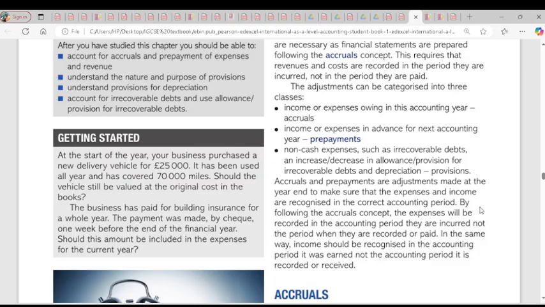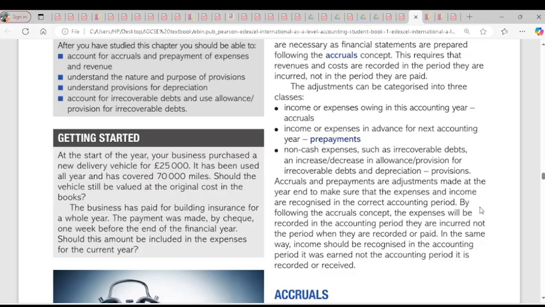So whatever we have done, it has to follow the accrual concept, which means in as much as we have incurred that expense, it has to be recorded in that period, not when we are paying it. We might pay next year, but in as much as we have accepted the liability, it has to go with our account preparation.